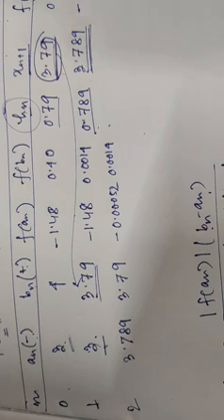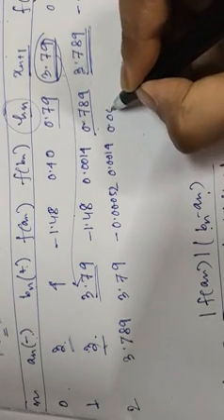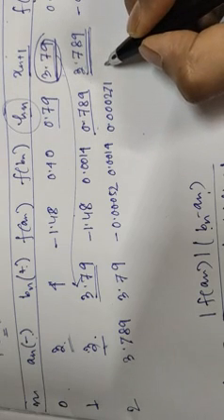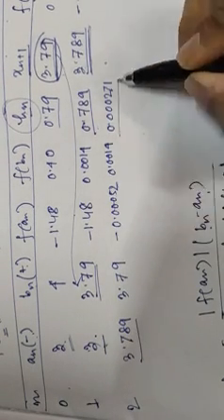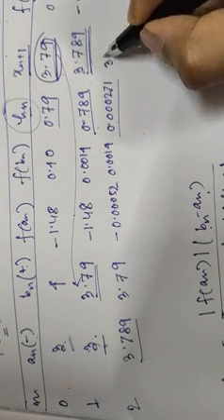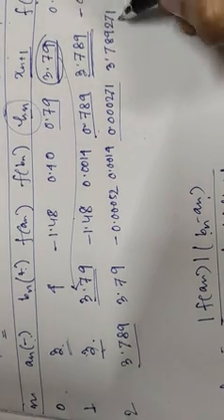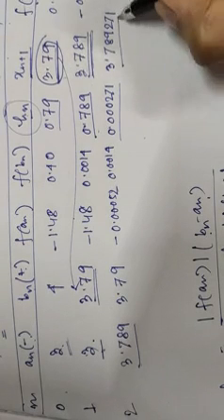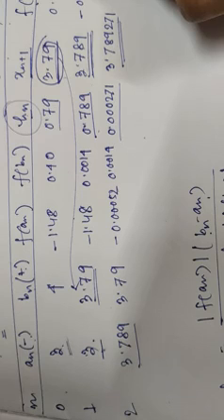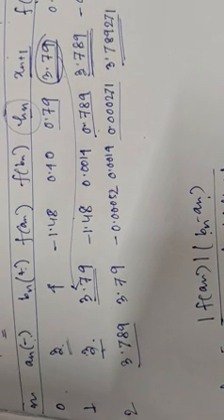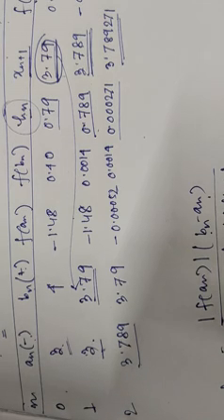It gives the value 0.000271, and then xn plus 1 will become this plus this, so 3.789271. Then put the values into the function f and you will get f(xn plus 1). It will give the value minus 0.000014, which is negative. Now check whether this is the terminating step or not.